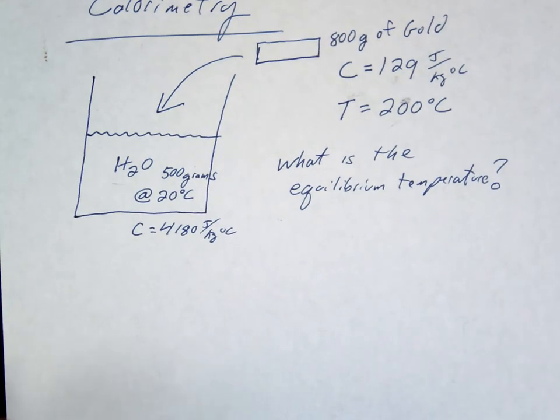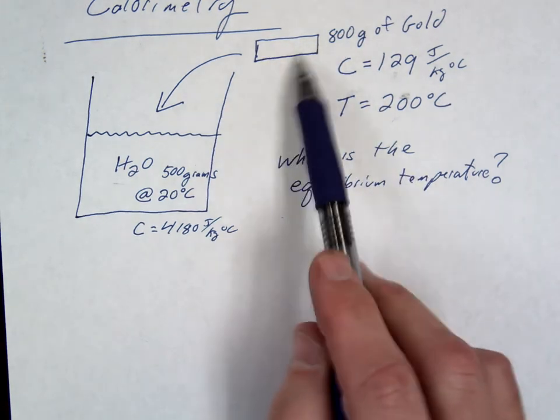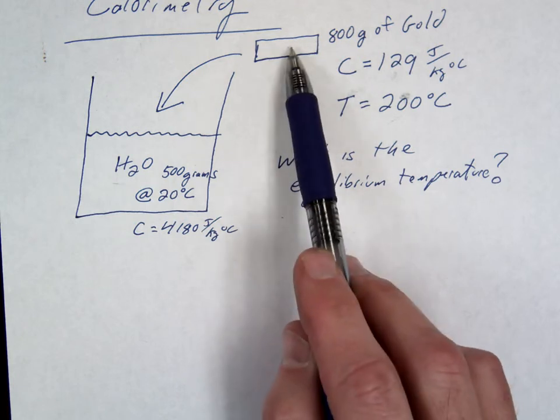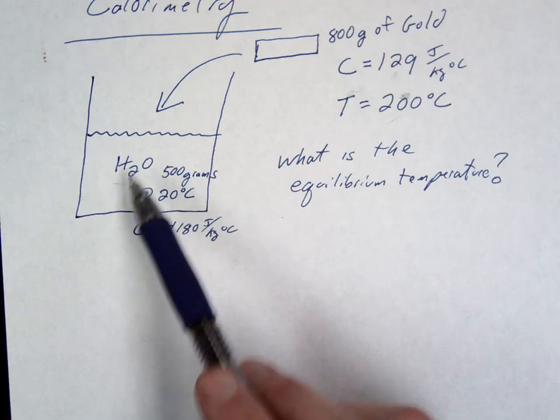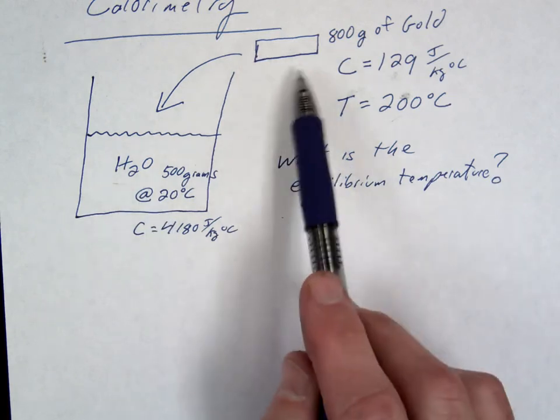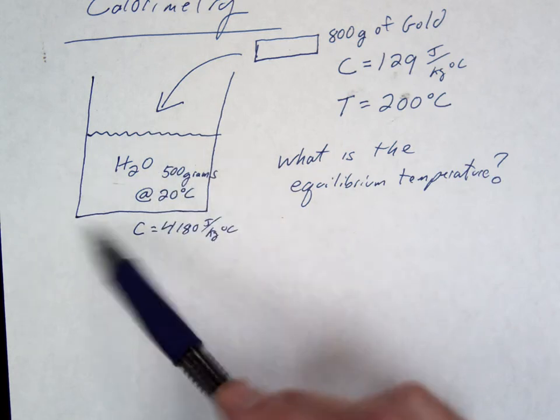Okay, so what we're going to do is we're going to use the concept of energy and conservation, because what's going to happen to the heat energy of the gold? It's going to go into the water, right? So the gold is going to be losing energy, and that energy is going to go into the water, and so the water is going to be gaining energy, right?